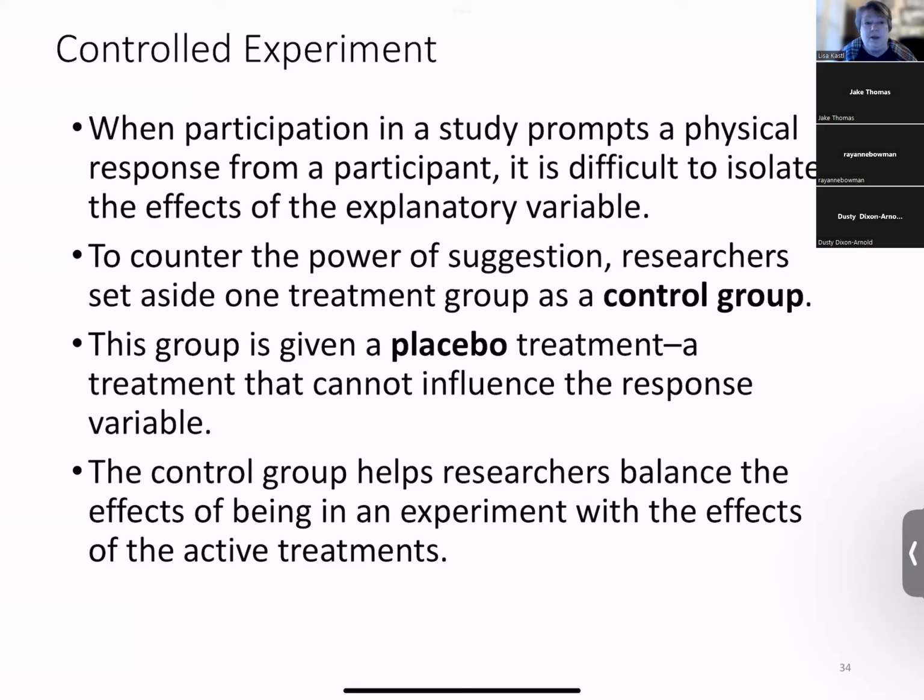It's actually not a treatment that does anything. So each group thinks they're getting the medication, but one is receiving a placebo. So it takes care of this. If I'm receiving a placebo, but I'm getting better, then that's probably not the medication, because you're not receiving the medication. That is a placebo effect.